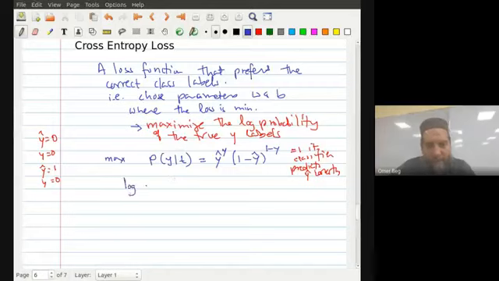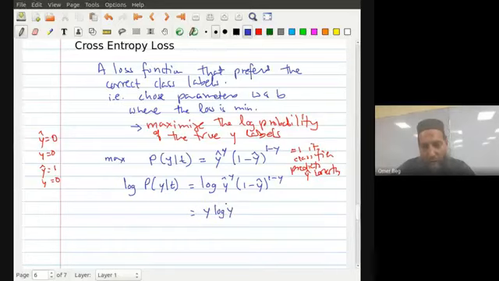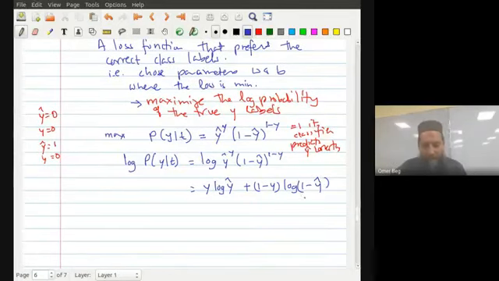We take the log of the probability of Y given this document T, and we take the log of Y hat to the power Y, times 1 minus Y hat to the power 1 minus Y. And when we apply the log laws, you can see that this becomes Y log Y hat plus 1 minus Y log 1 minus Y hat.